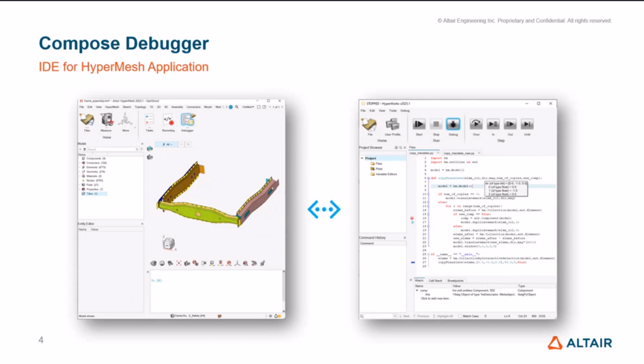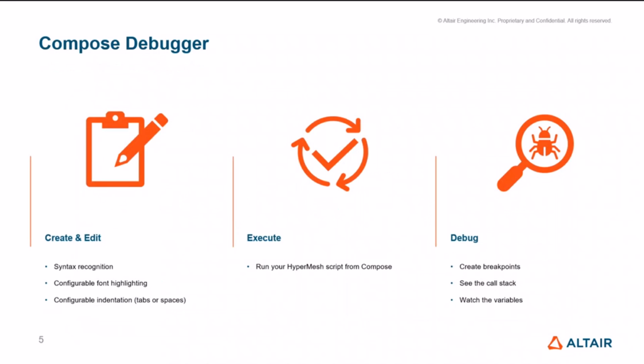So what this brings us is you can create and edit your scripts. Until now, you were able to run your scripts mostly through the console. When you were debugging, typically you would look at the console outputs, you would use print statements, but it required a bit more, let's say, manual approach.